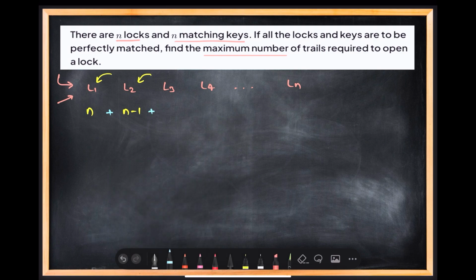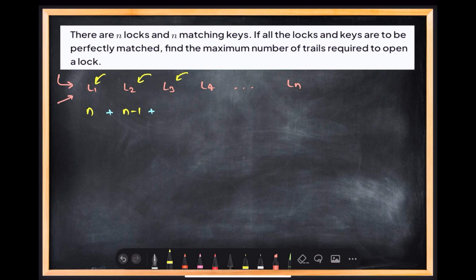The task is to open a lock. The task is not to open all locks at once. So that's why I'm using the addition sign. Now look at this. Focus on L3.